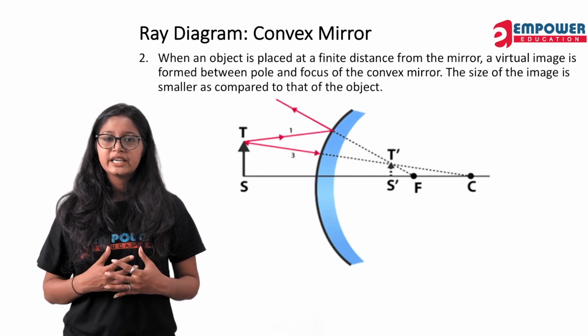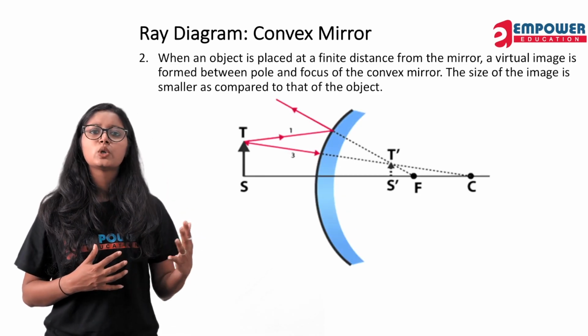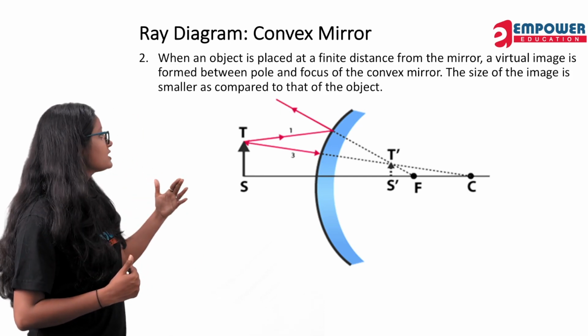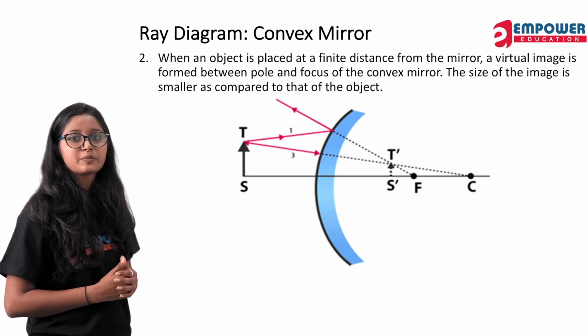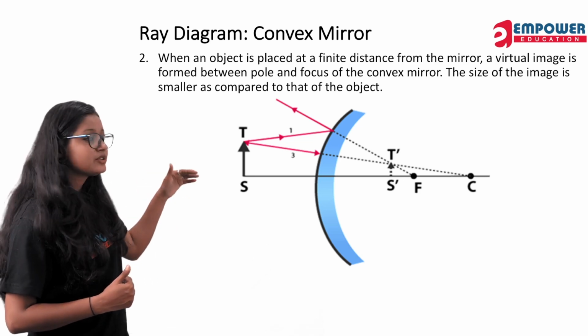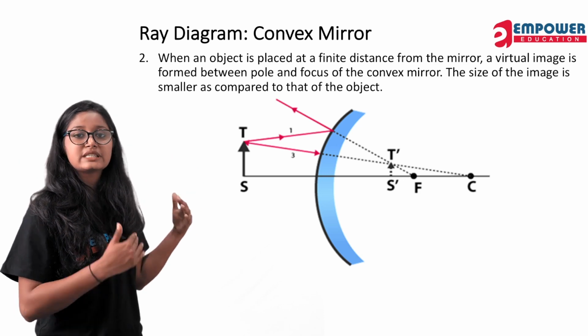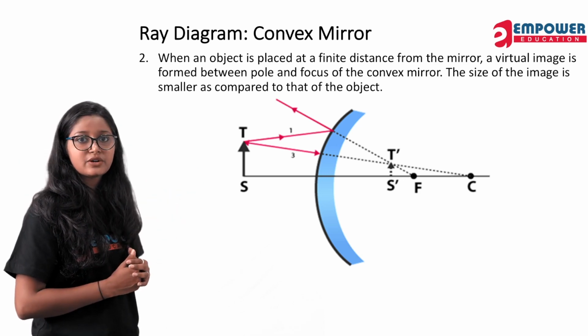Now in the next ray diagram, we see that if an object is placed close to the mirror, you see the light rays pass parallel to the principal axis, they strike the reflecting surface, and when they strike the reflecting surface, they diverge from the reflecting surface.